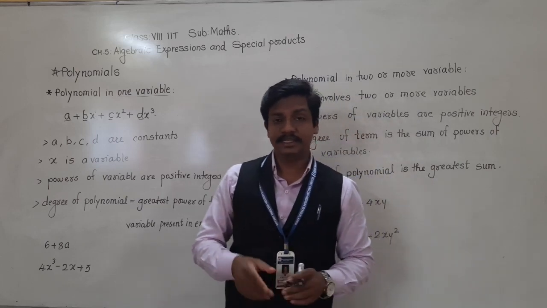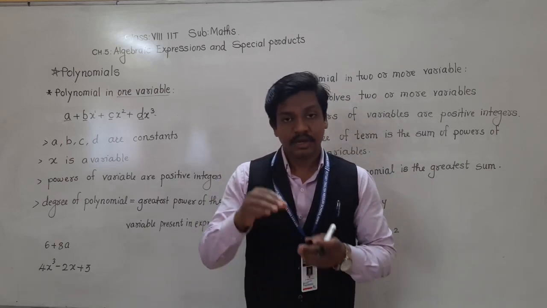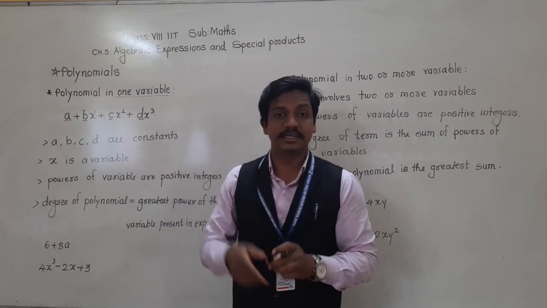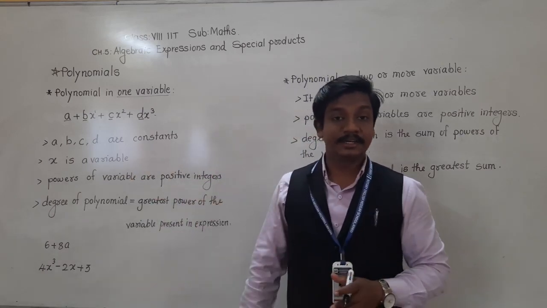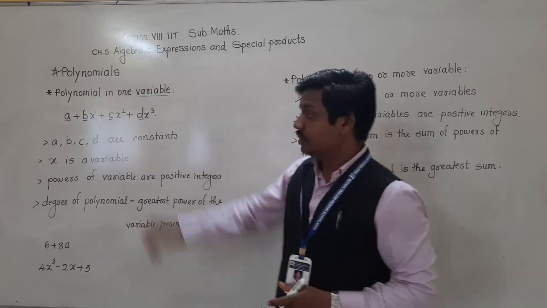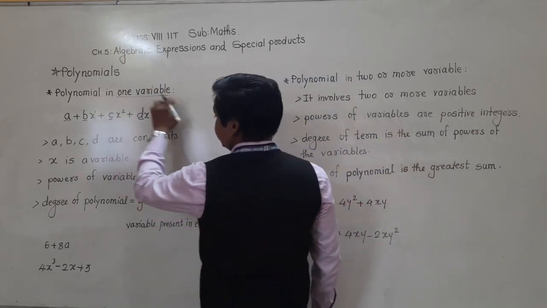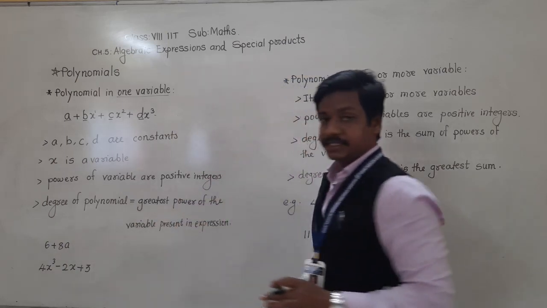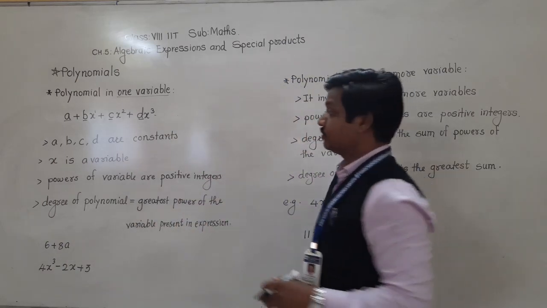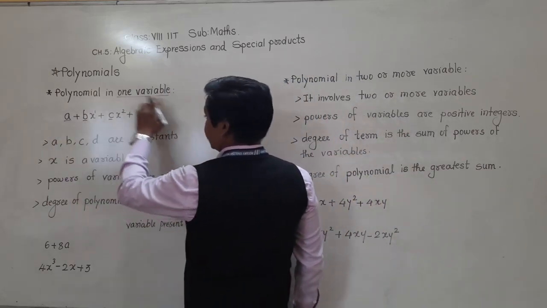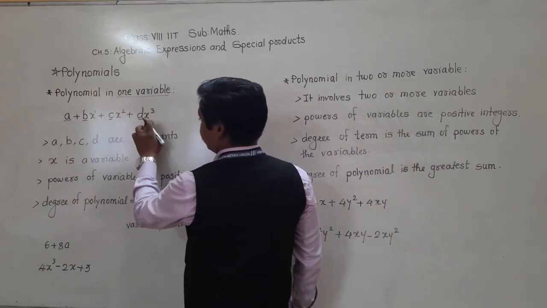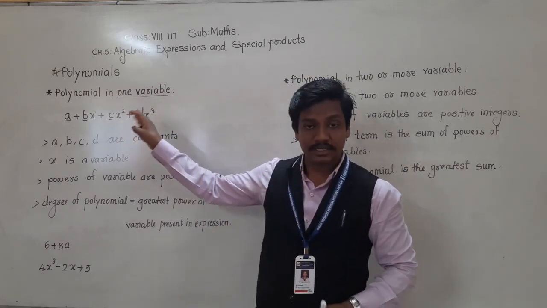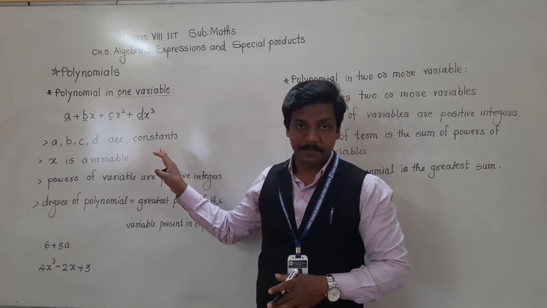Degree means basically the highest power, the term having the highest power of the variable. In a polynomial in one variable, degree means the greatest power of the variable present in the expression. In this expression, the greatest power of x is 3. That's why the degree of this expression is 3.